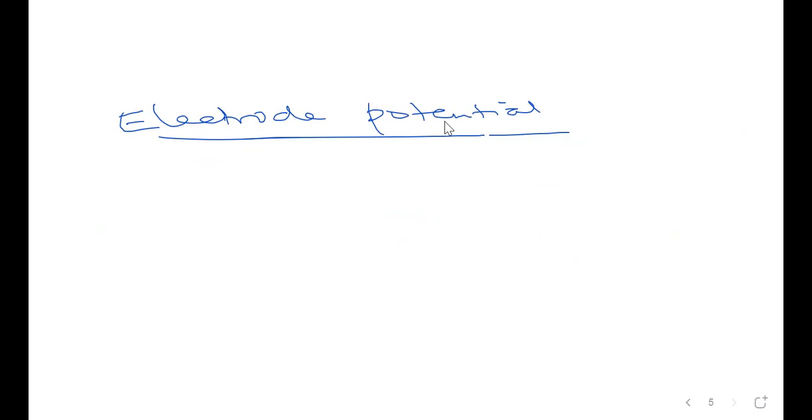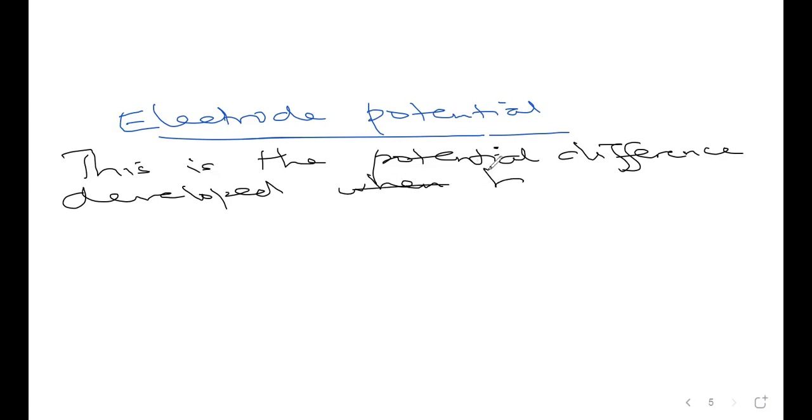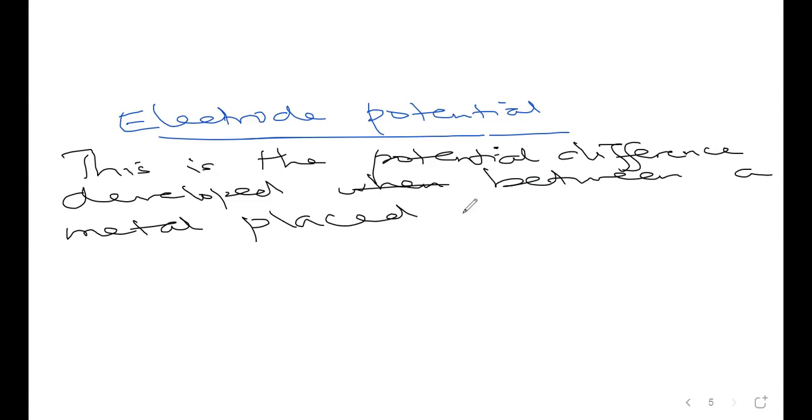Electrode potential is the potential difference developed between a metal placed in contact with a solution of its ions.